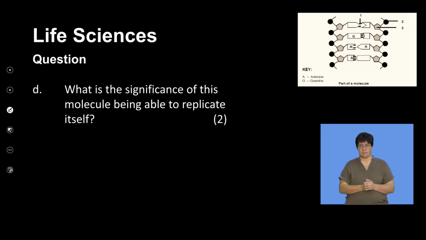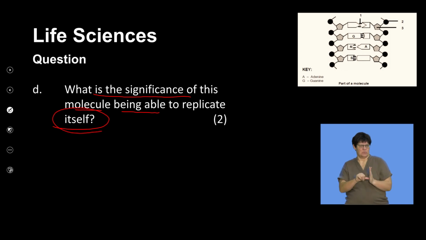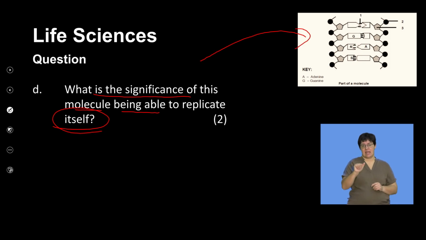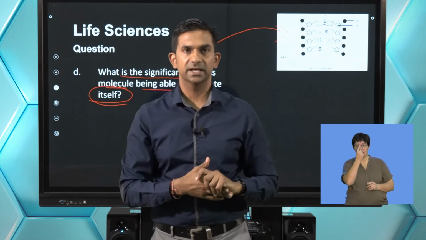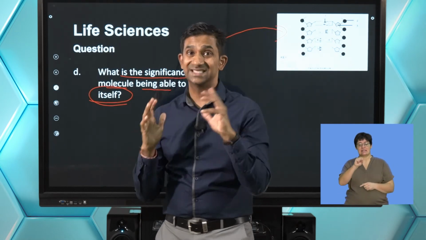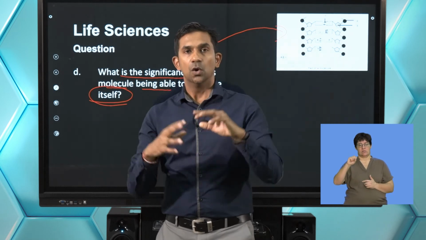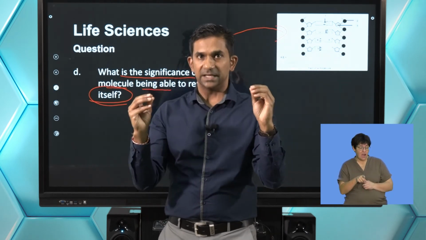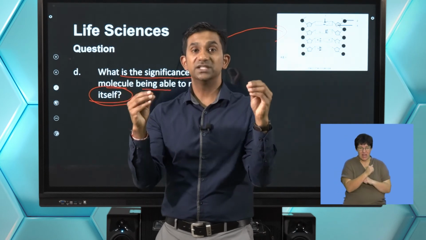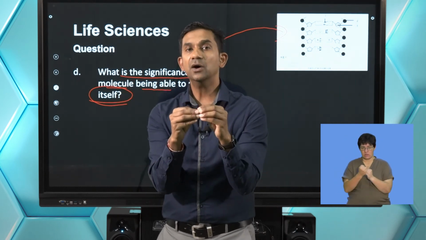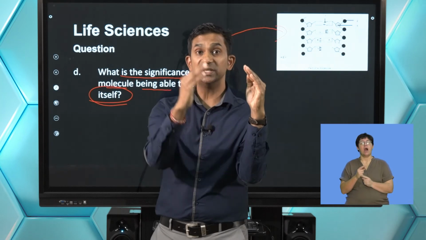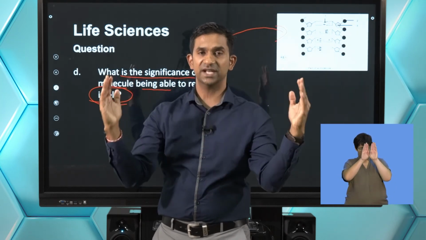Cool. The next question: what is the significance of this molecule being able to replicate itself? The question refers to what is significant about DNA being able to replicate itself. If we understand the model of replication, and the model that we referred to was the semi-conservative model of replication, we can understand that the structure of DNA, with its complementary nature, allows for free nucleotides to easily base pair when the strands are separated.